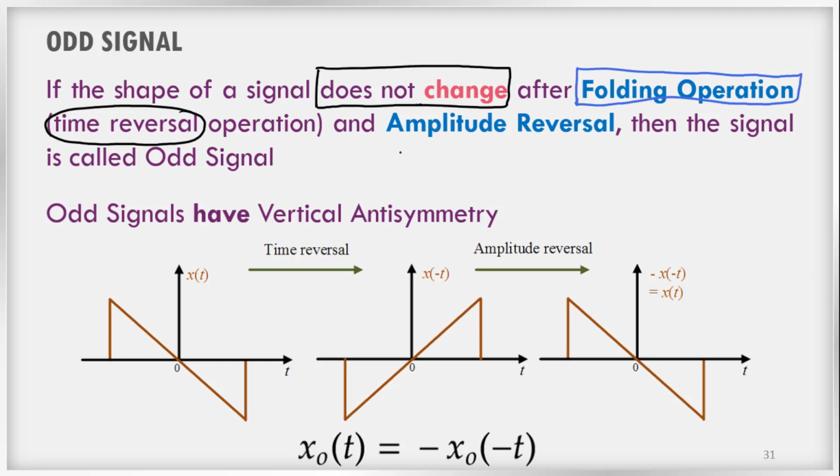And we have to perform a second operation, which is known as amplitude reversal, right? What is my amplitude reversal? We are flipping the signal vertically with respect to a horizontal axis, right? And then if you get back the original signal, we say that the signal is an odd signal, and we can say that the signal has vertical anti-symmetry.